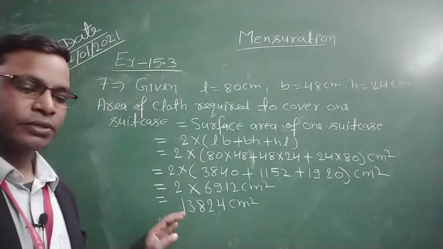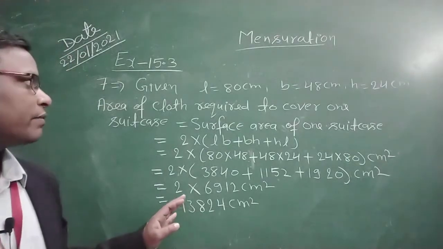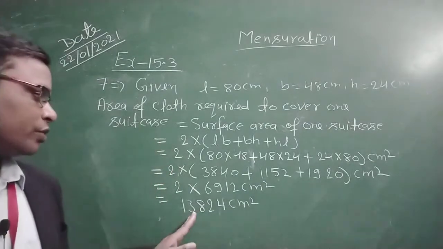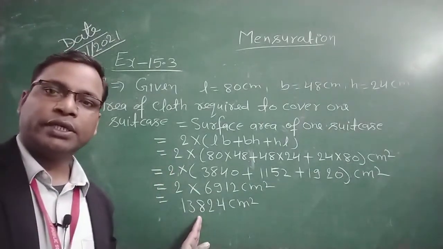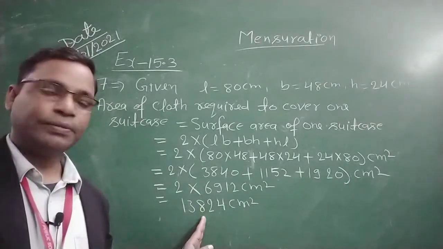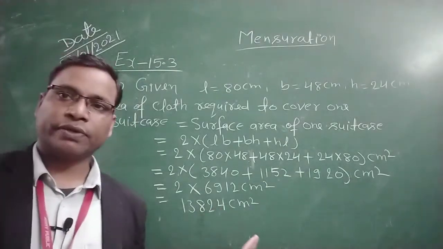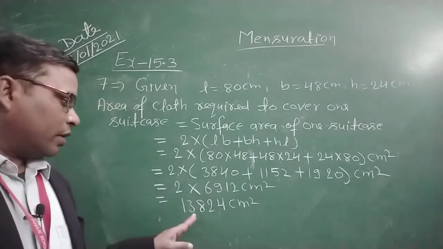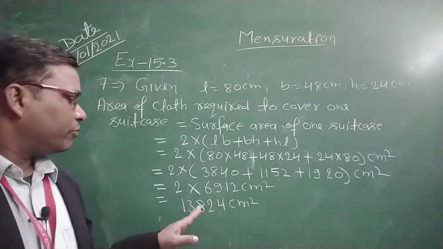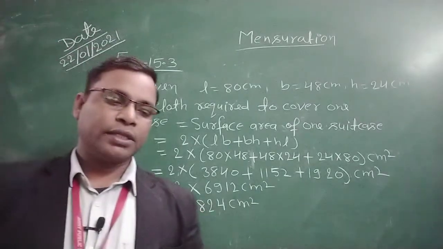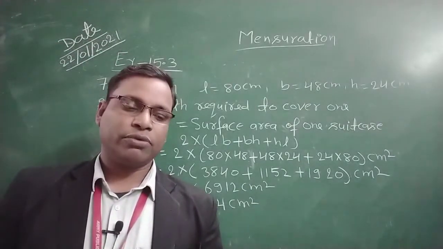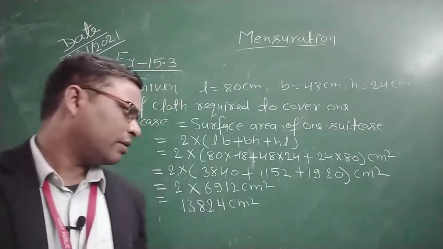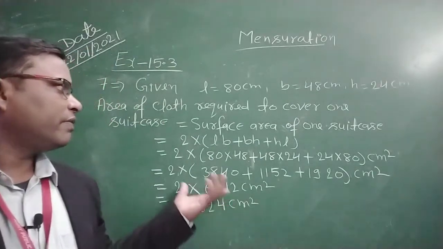Okay. So the area of cloth required to cover one suitcase is equal to 13,824 centimeter square. This is clear. Now this is the area of one suitcase. Now you find the length of the tarpaulin, the length of the cloth, because we find here also the area of 100 suitcases.